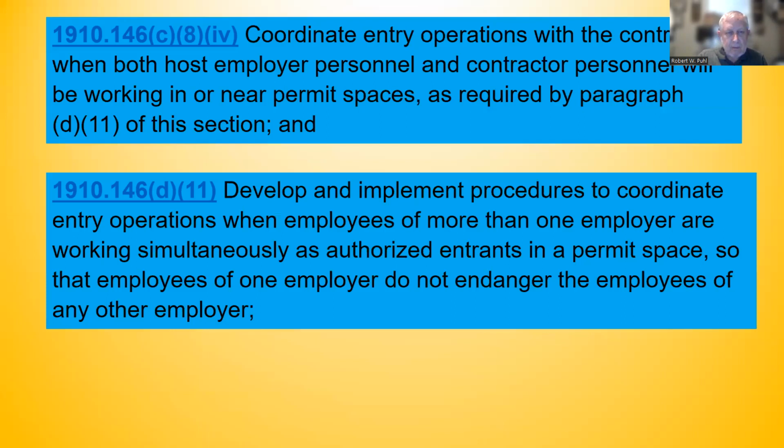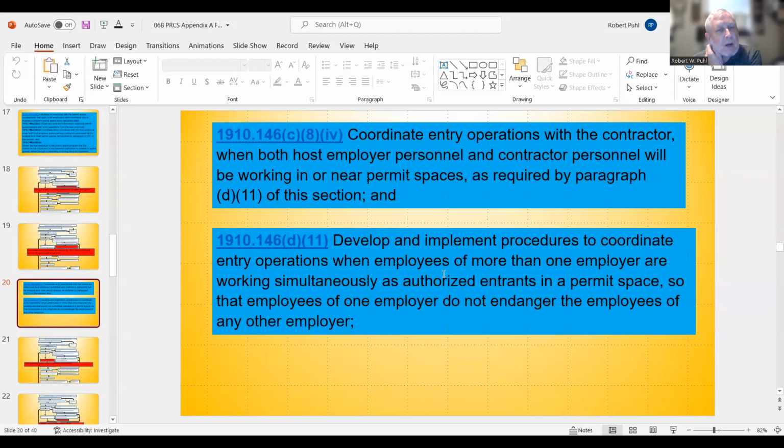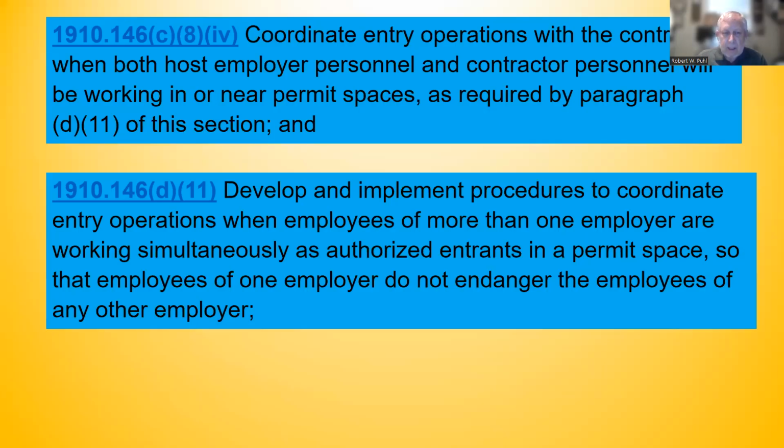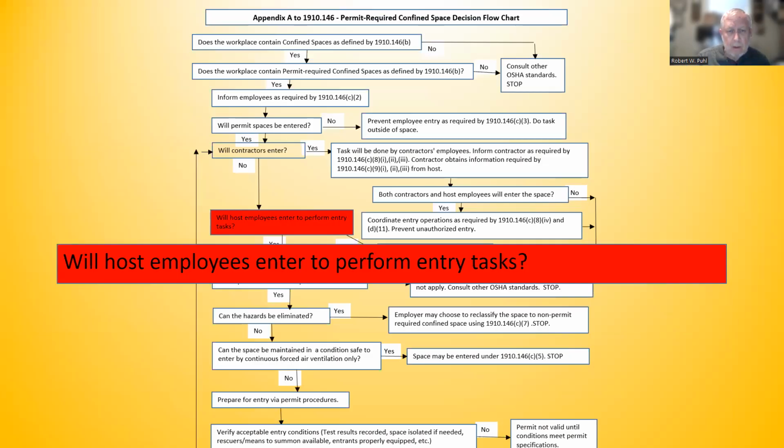And 1910.146 says coordinate entry operations with the contractor when both host employer personnel and contractor personnel will be working in or near permit spaces as required by D11, and develop and implement procedures to coordinate entry operations when employees of more than one employer are working simultaneously as authorized entrants at a permit space, so the employees of one employer do not endanger the employees of any other employer. And that makes a lot of sense. You might have different policies. So if you're both going to be in there, you need to coordinate so you know what's going on.